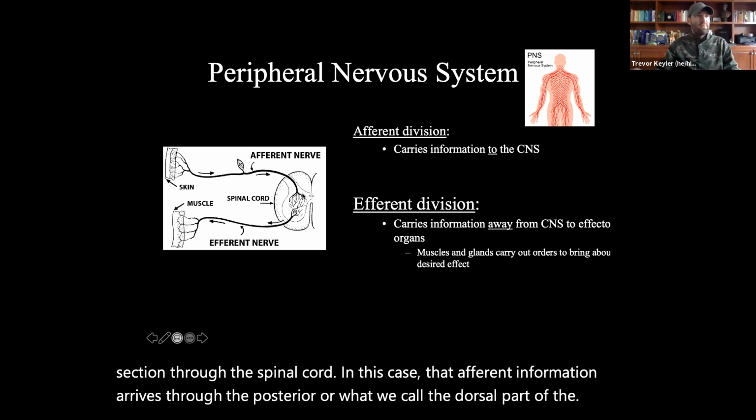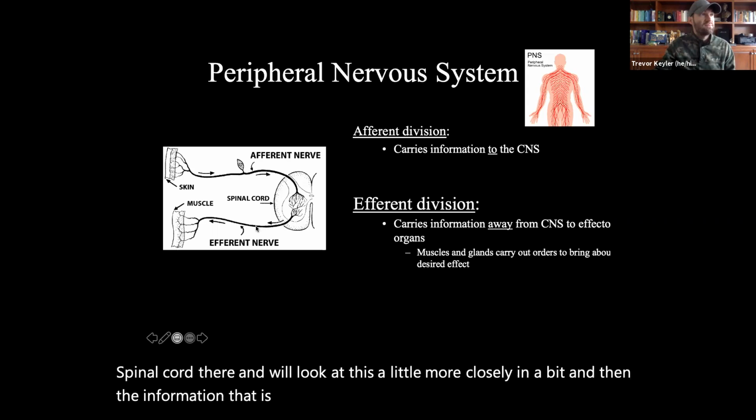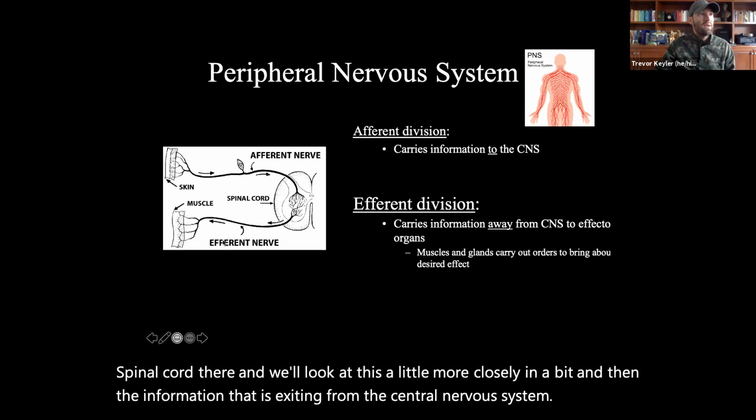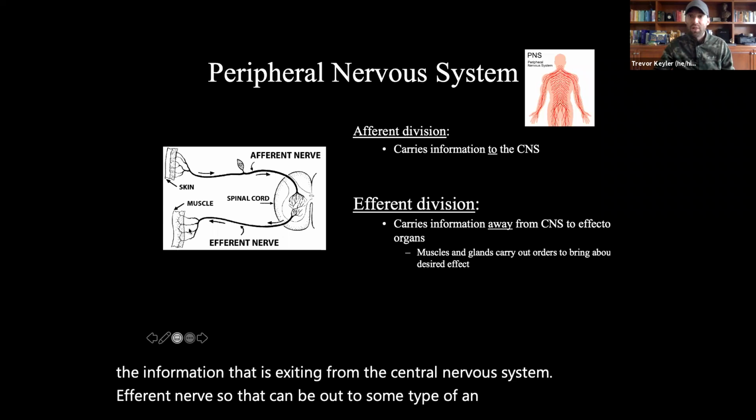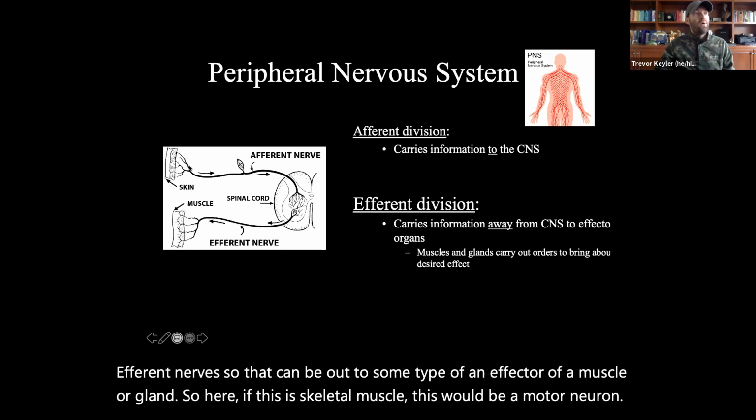We'll look at this a little more closely in a bit. And then the information that is exiting from the central nervous system is carried by the efferent nerve. That can be out to some type of effector, a muscle or a gland. So here, if this is skeletal muscle, this would be a motor neuron, okay?